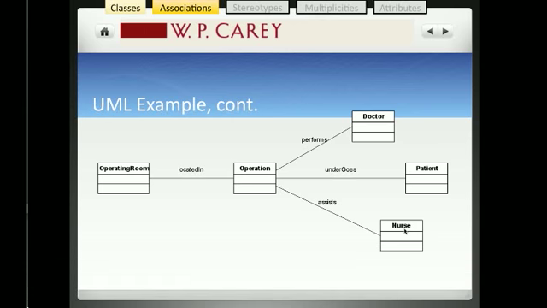Notice that operating room doesn't have a space between it, but that each word, operating and room, both have capital letters. The operation itself occurs within the operating room, and so we named the association between those two classes located in. The first word in the association begins with a lowercase letter, and then the second word and all following words, if there were more, begin with an uppercase letter.